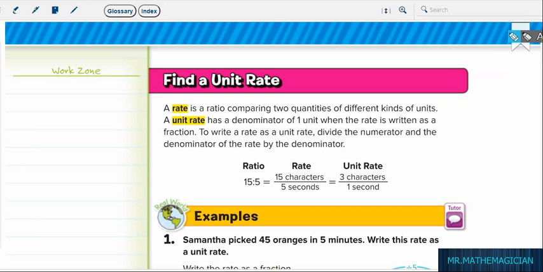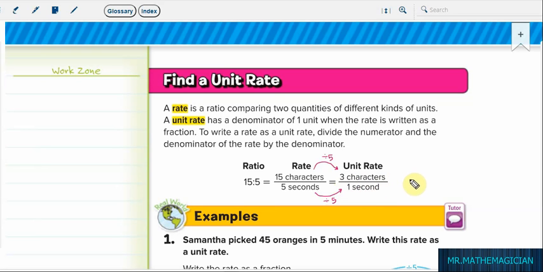So, if we divide the numerator by 5, it will give you 3. The denominator divided by 5 will give you 1. It means 3 characters for 1 second.